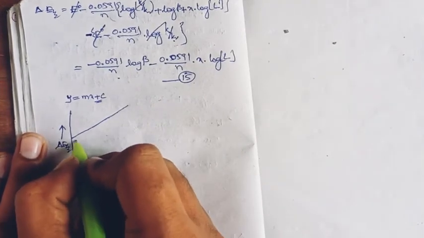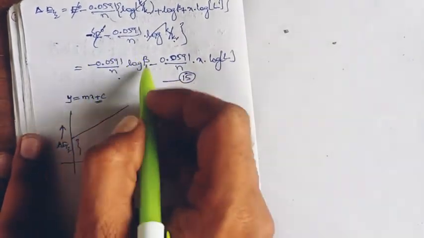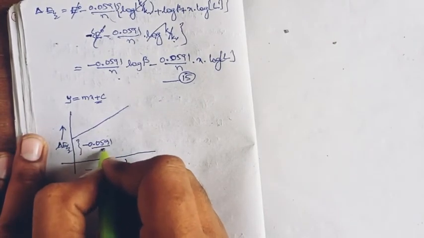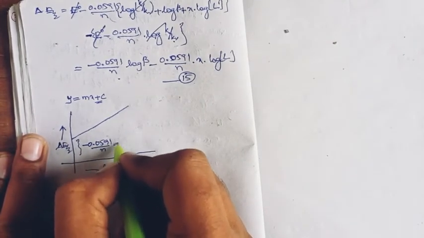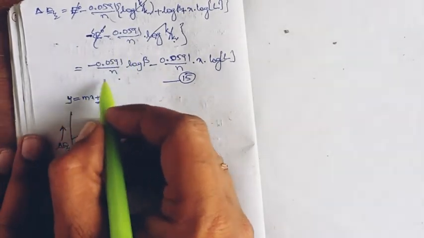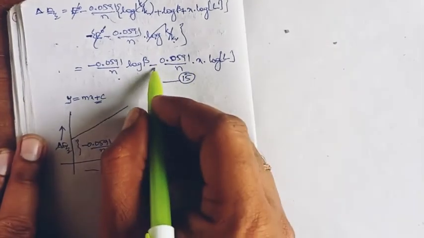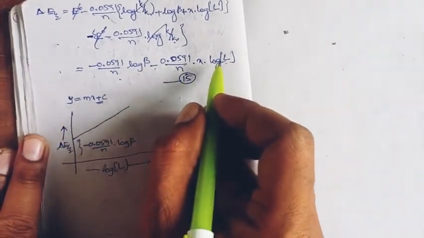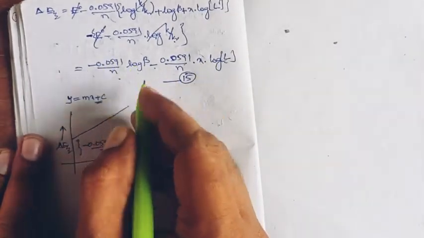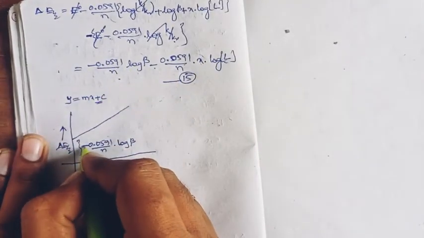When we consider that, the intercept would be equal to minus 0.0591 by n into log beta. This is y equals mx plus c, where it is having minus.